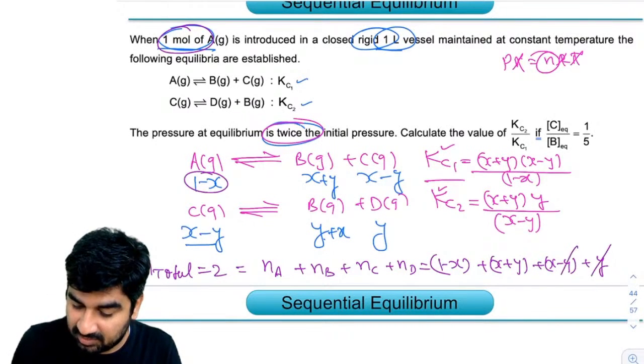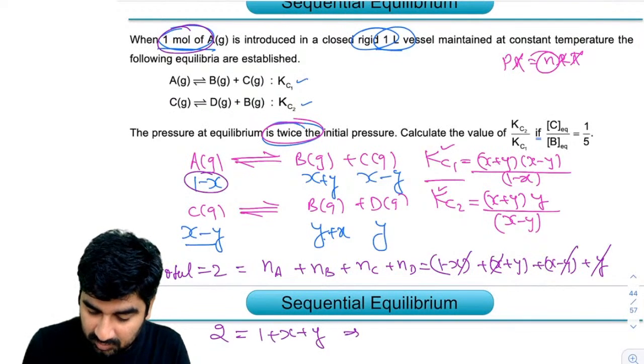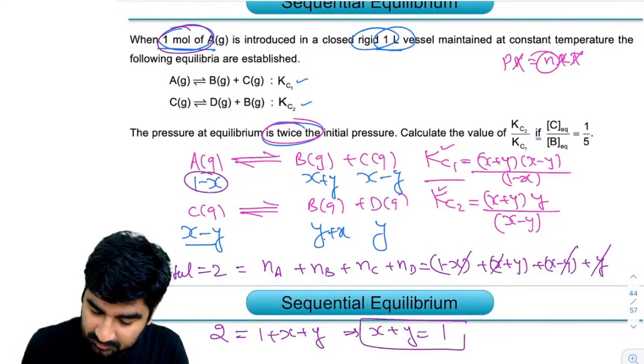So y will cancel, x will cancel. So 2 will be equal to 1 plus x, so x plus y will be equal to 1.